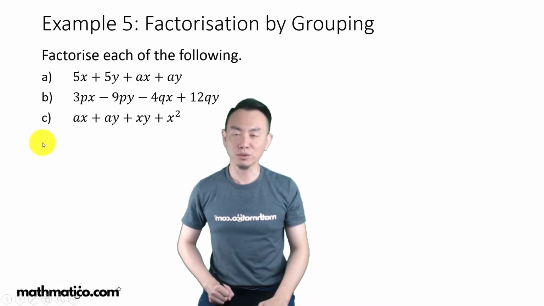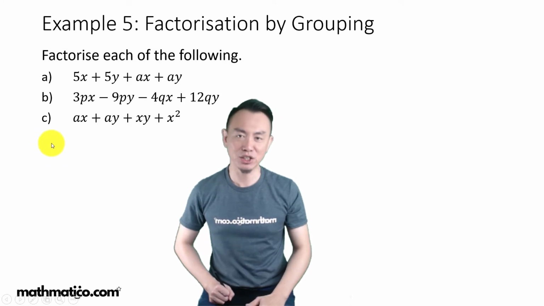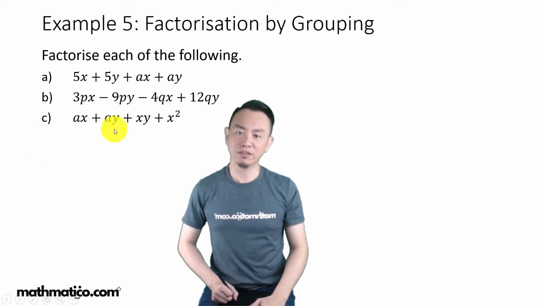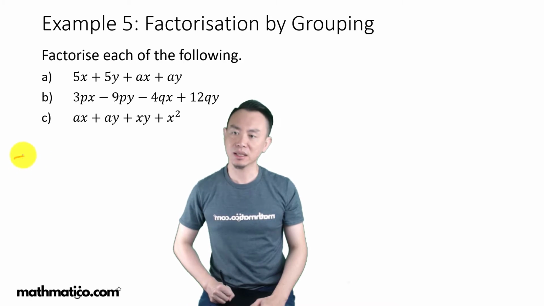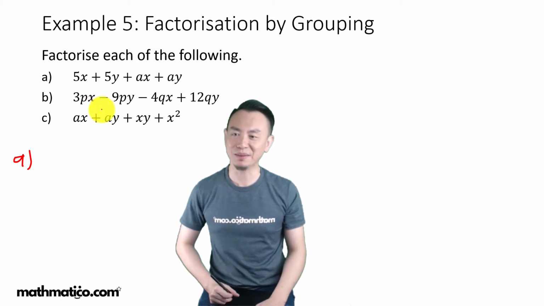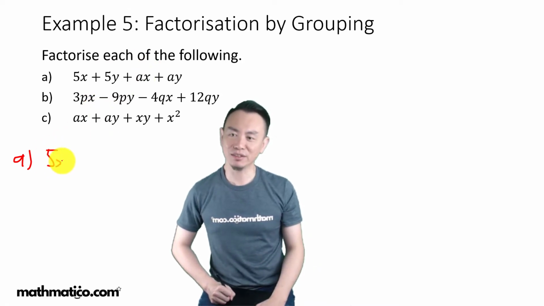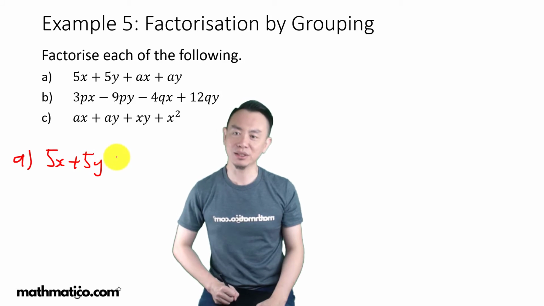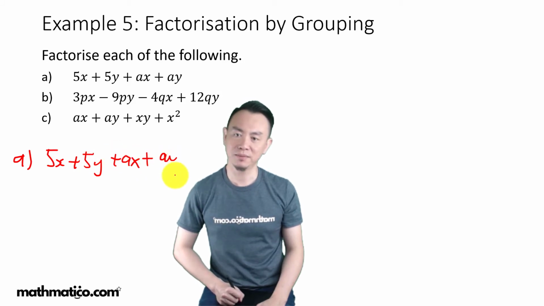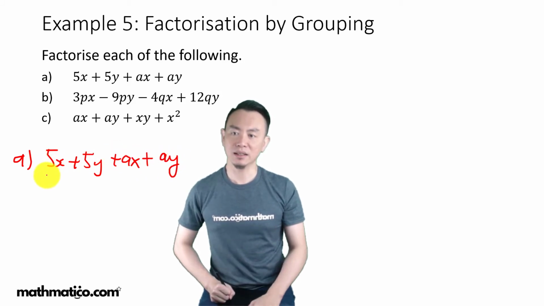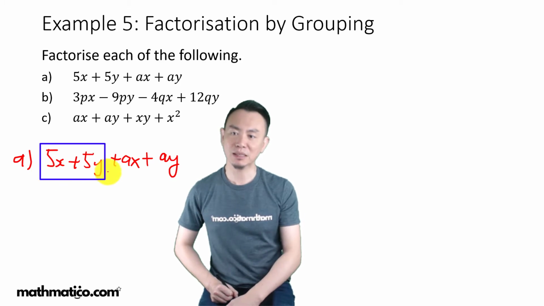Example 5, group factorization or factorization by grouping. Here we're going to factorize each of the following. And you see this is a very easy question. It's all positive. It's always the signs that make it difficult, right? And if it is all positive, then you know that you have an easy question. You put them into pairs, 5x plus 5y.